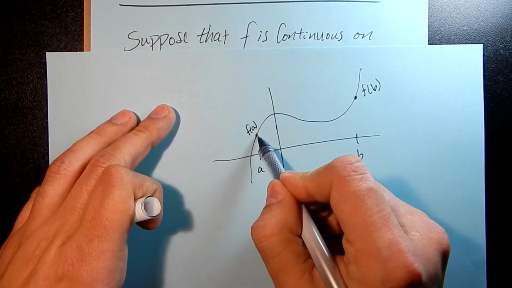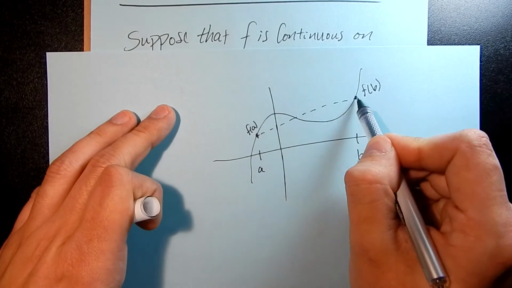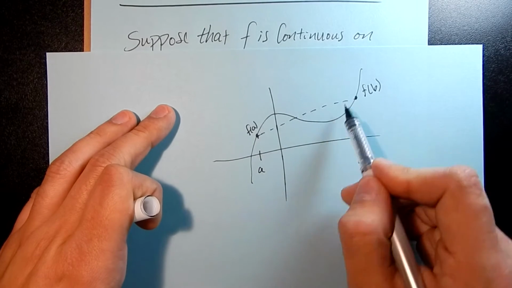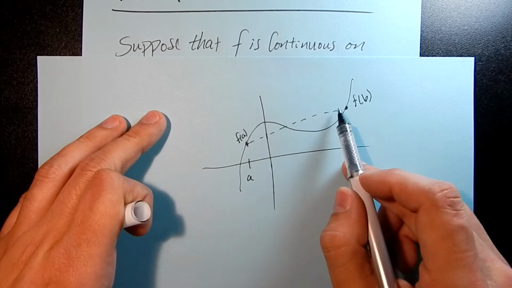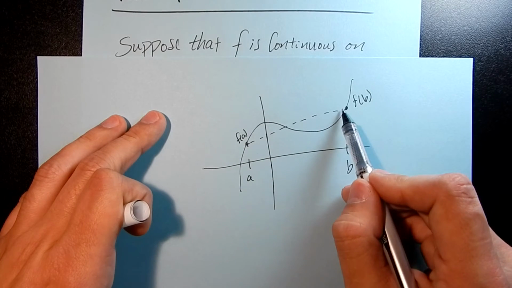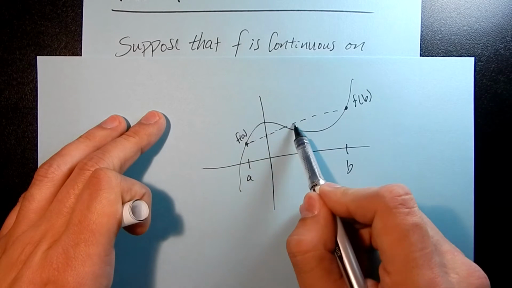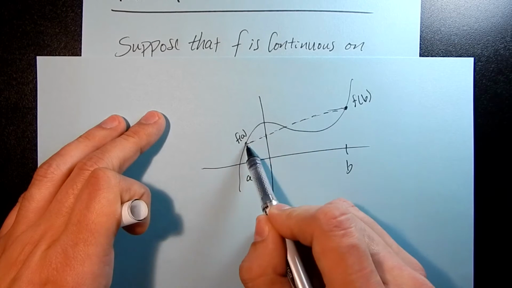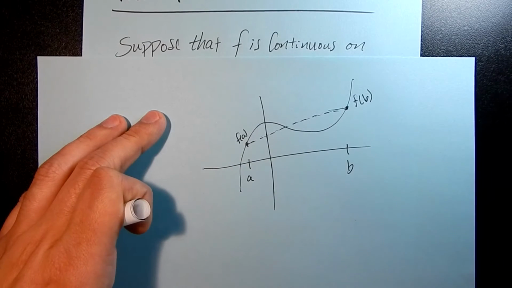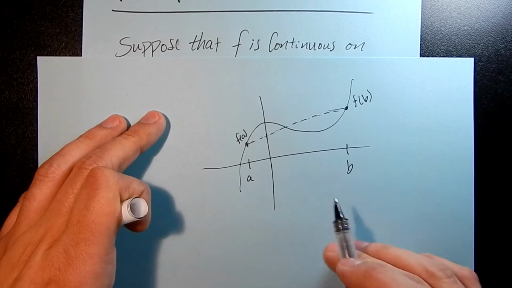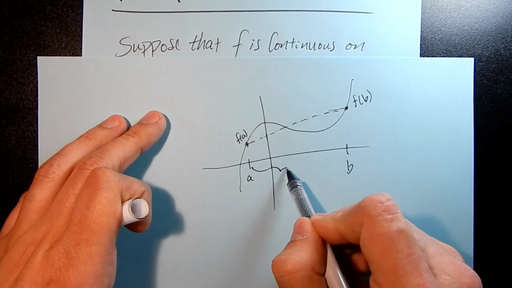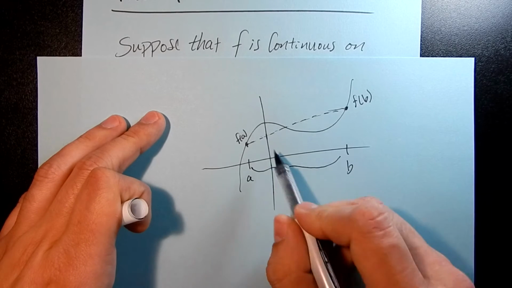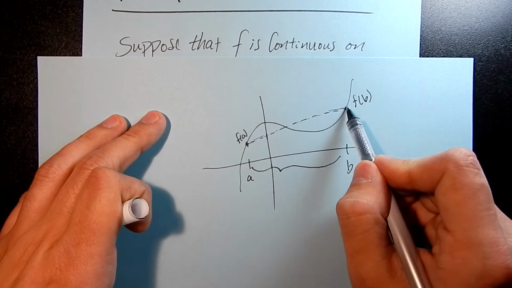If I connect these two points with a straight line, what we get is the slope that we're concerned with. This is continuous and differentiable over the intervals, so there is some point in between where the slope of the graph matches that.